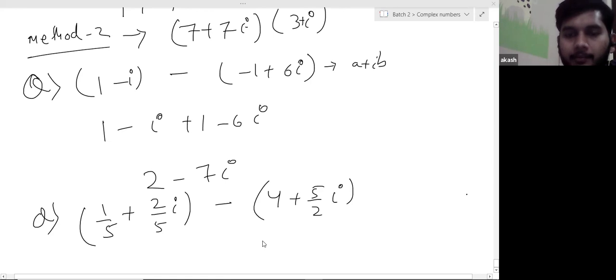Not very difficult. How to solve? Okay, Atisha also solved. Atisha, you don't have to convert this into decimals. All right, leave it in fractions.